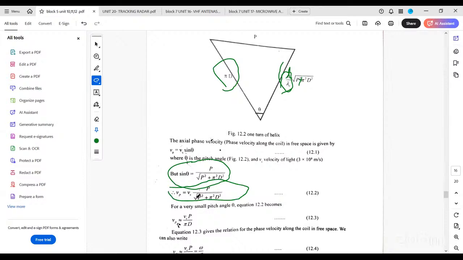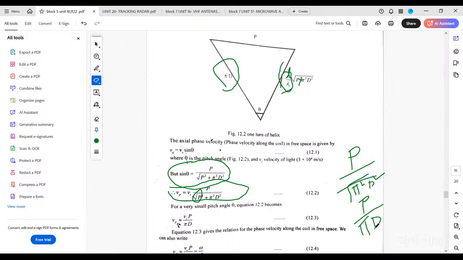In this I am making P zero. What is left? P by root pi square D square. When the square root cancels, what comes? P by pi D. Phase velocity is calculated.